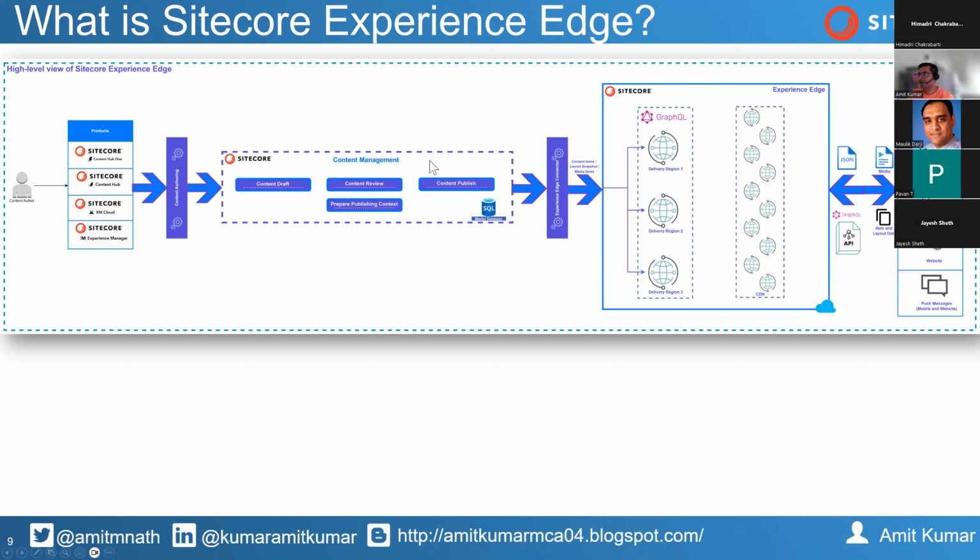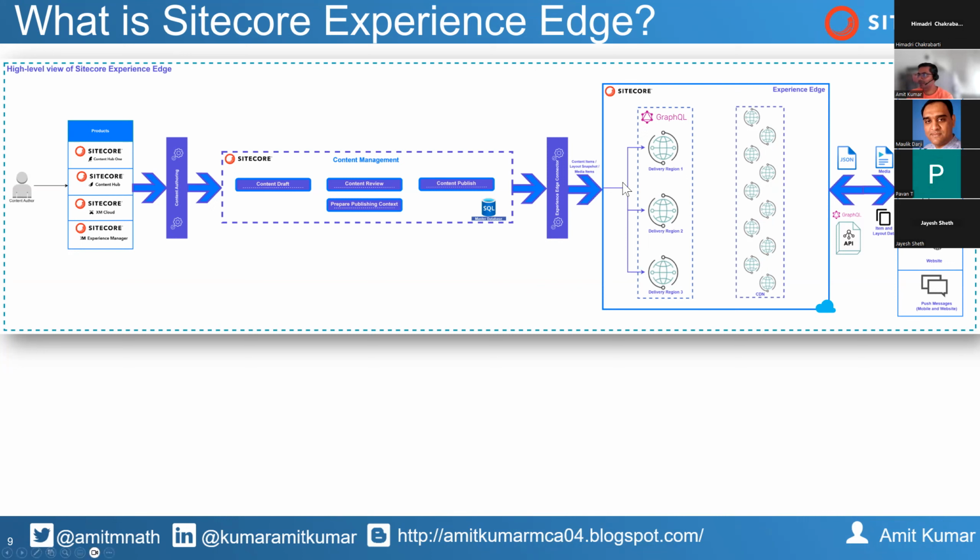The layout service gives you all the components present on your page, as well as the data source you have selected for those components, and all the page-level data, so that you can consume that data and build your application.